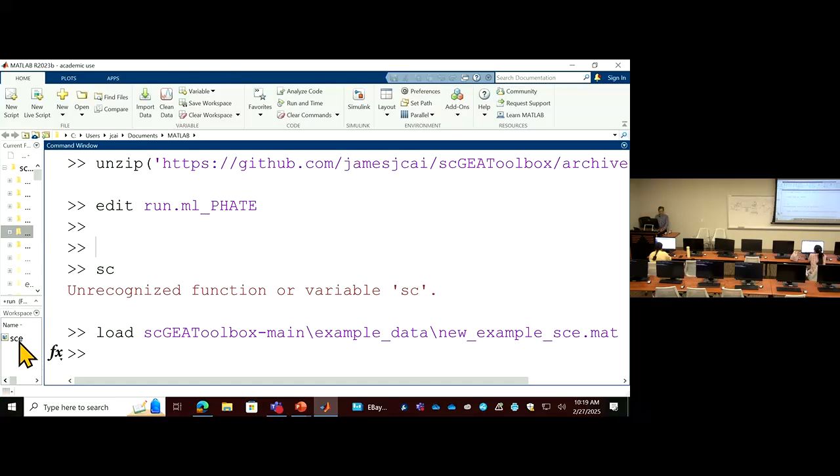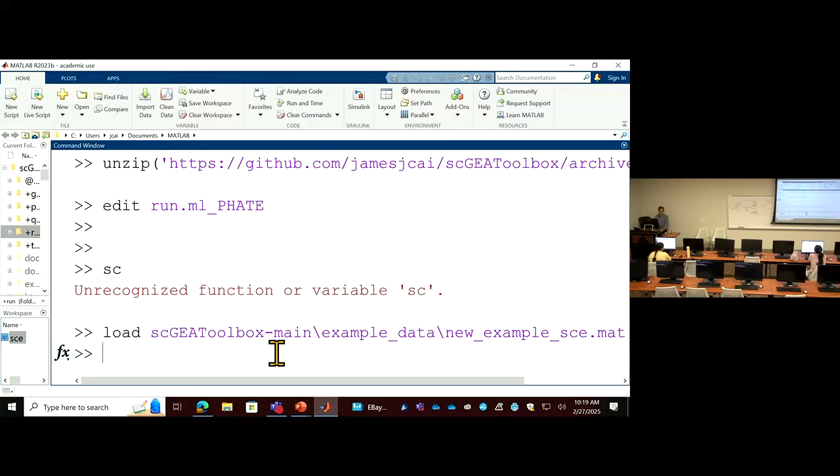So we have this object called SCE, and then we extract from the SCE object the X matrix.